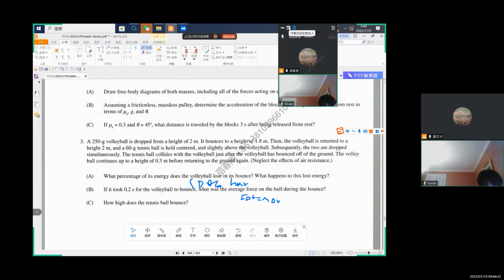We do, yeah. We don't have it directly, but you can find V final minus V initial in this process. Can you find the V final and V initial? I mean, for this 0.2 seconds, V final and V initial.